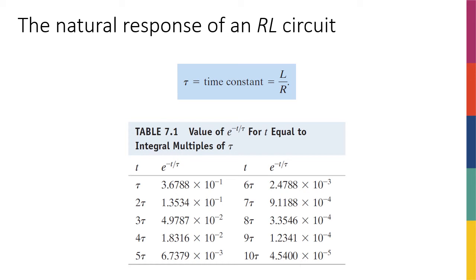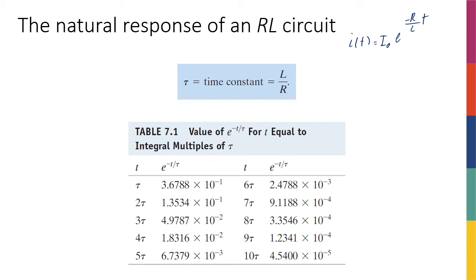For example, for the previous circuit that we just discussed, we got i of t is equal to some initial current, let's call it I naught. We found it to be Is for that specific circuit, times e to the power of negative R over L times t, right?